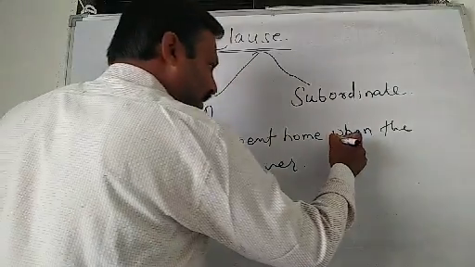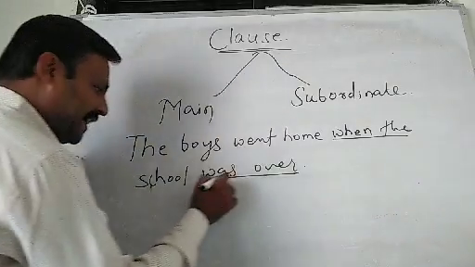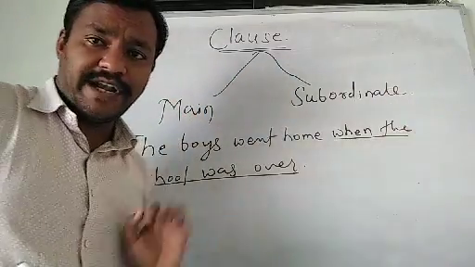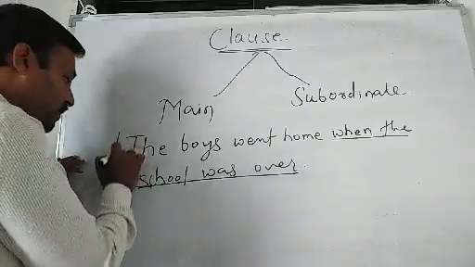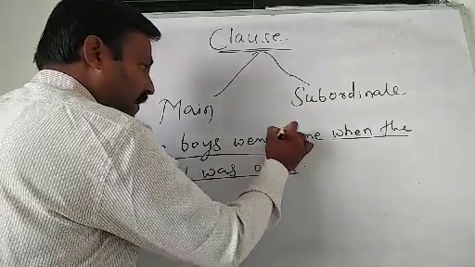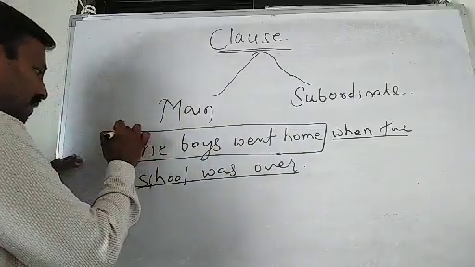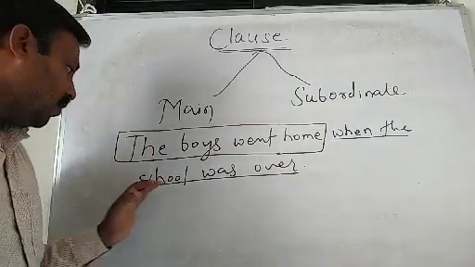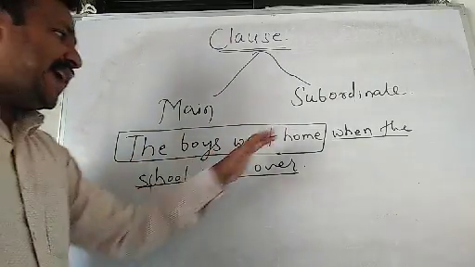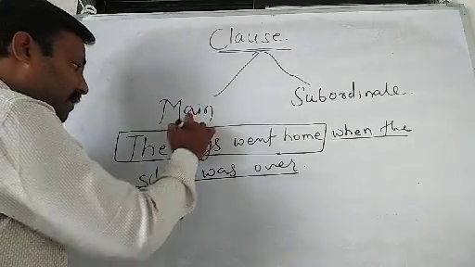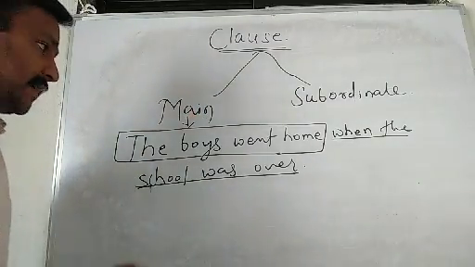Now I will separate this sentence into main and subordinate clause. I have already divided and underlined it. Now you can see on the board, the boys went home. This is the main clause.